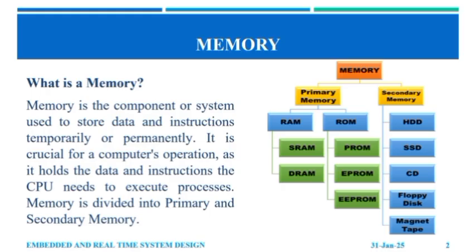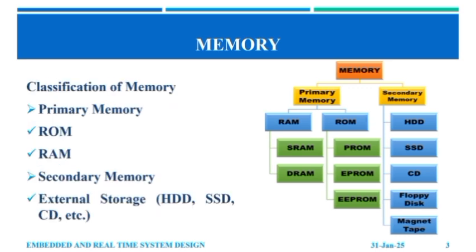For the RAM, we have the different types of RAM, the SRAM and the DRAM, while we also have the PROM, the EPROM, and the EEPROM. If we go back to our class on memory, we'll be able to see what these memories are. Yeah, these are what we have here.